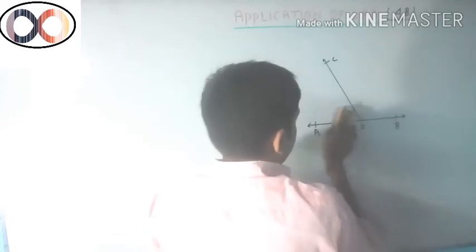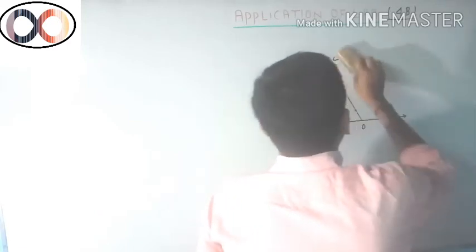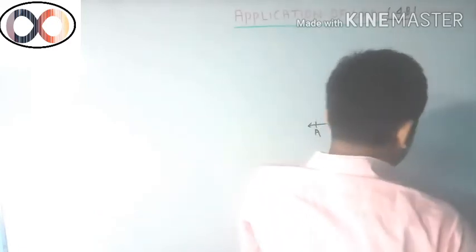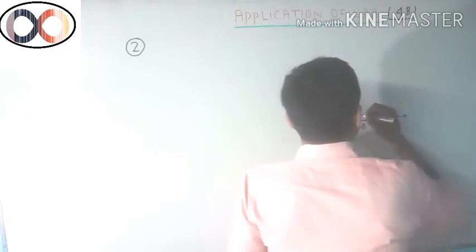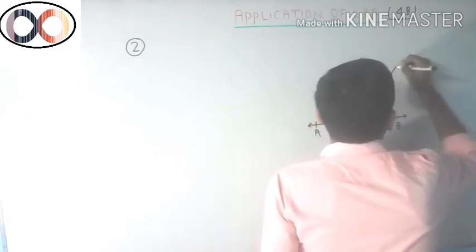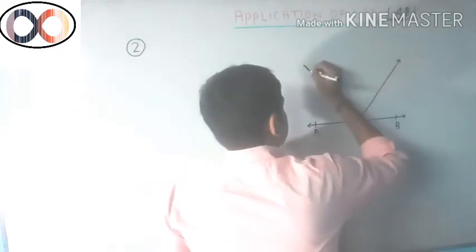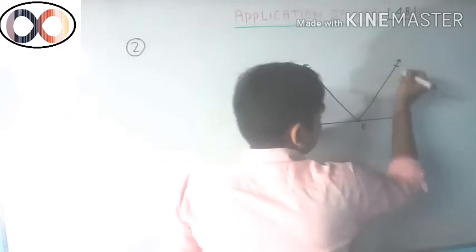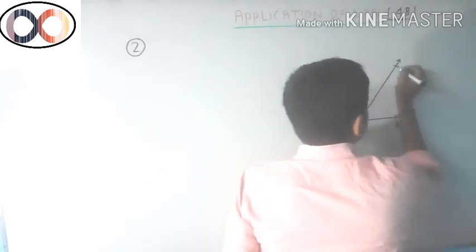Question number 2, that is from R.S. Agrawal. This is one straight line already given, and two rays are given. This ray is OC and the second ray is OD.